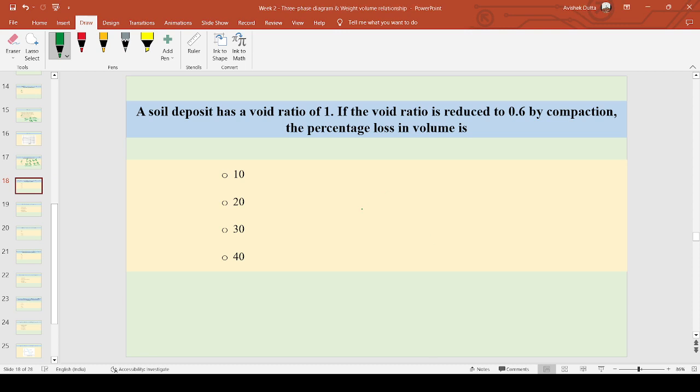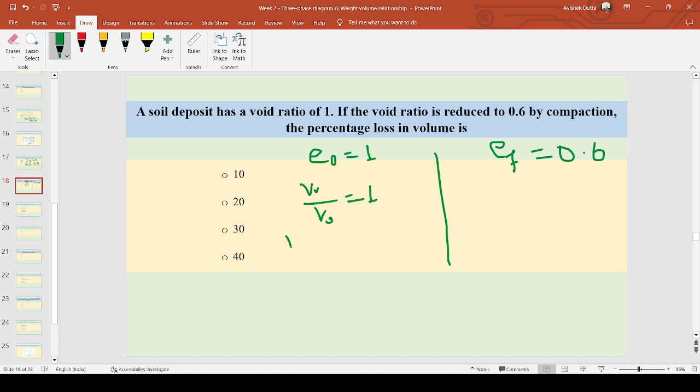Again, we will go by the definition of void ratio. So, I'll just divide these two cases, initial and final. Initial void ratio, suppose E0 equals 1. Reduced to, that is the final void ratio, EF equals 0.6. In the initial case, volume of void by volume of solids is equal to 1, means volume of void equals volume of soil solids.